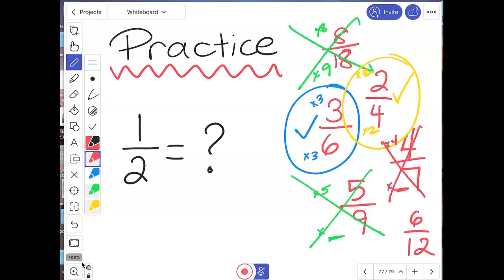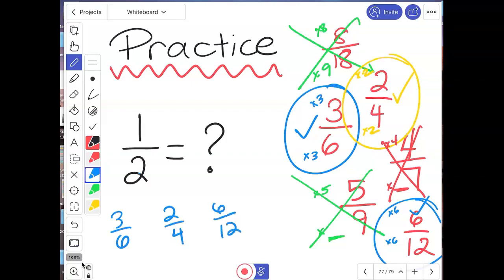That doesn't work. 1 times 6 is 6. 2 times 6 is 12. That one works. So 3/6, 2/4, and 6/12. Those are all equivalent to 1/2. However, 4/7, 5/10, and 8/18, they're not.